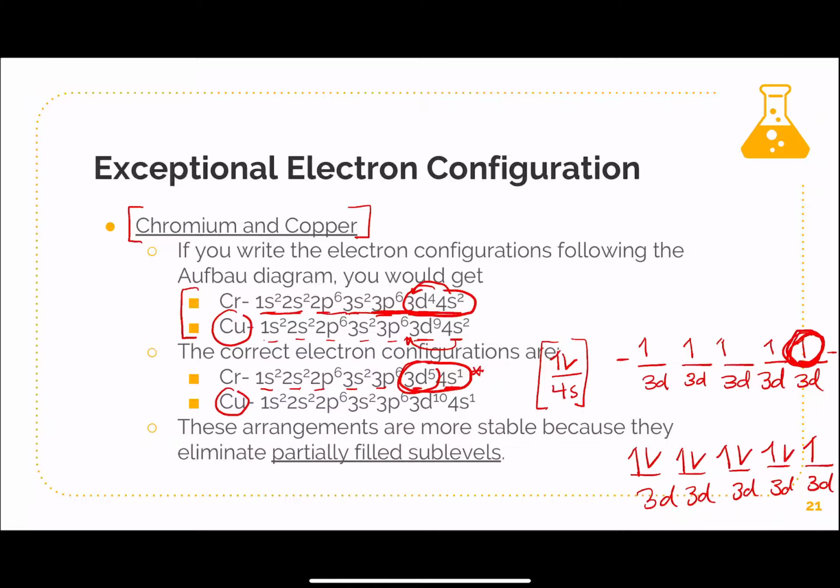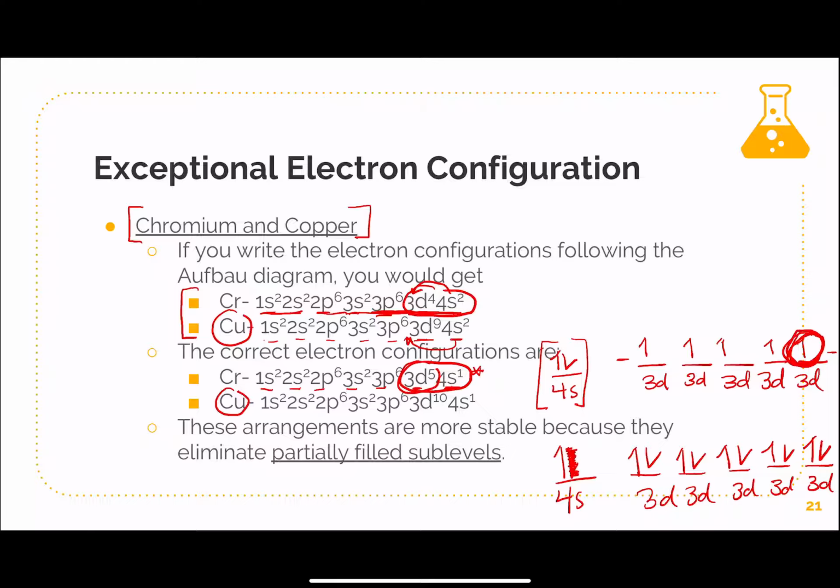And it would look like this, 3d9, if you filled it out according to Aufbau's principle. 4s2 would be fully filled, okay?